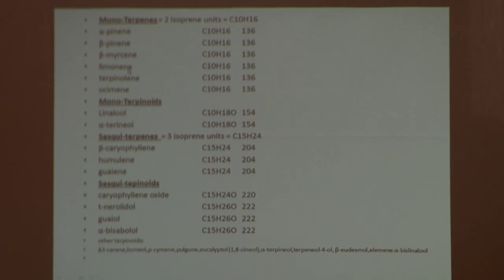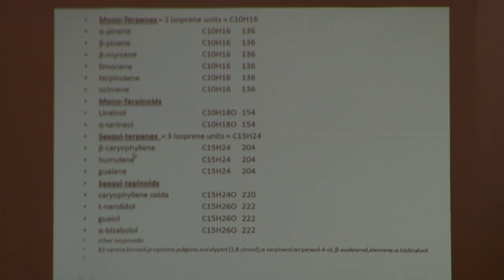Among the monoterpenoids, linalool is very common. Limonene, if you're drinking a cola or tea or any soft drink like that, it's got limonene in it. Limonene is in many, many plant-based preparations that we consume. Among the sesquiterpenes, caryophyllene and humulene are very common.